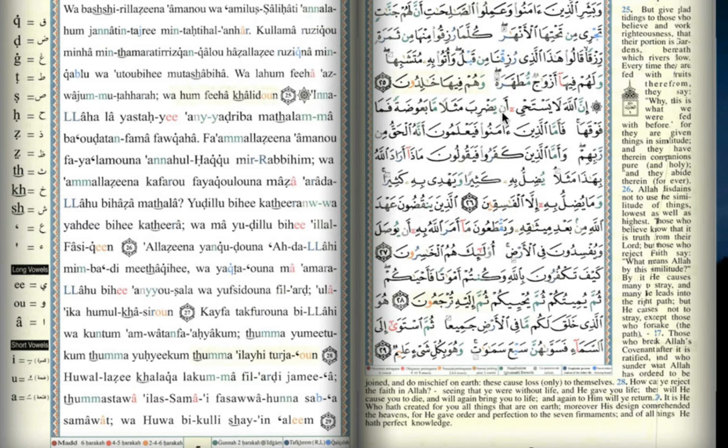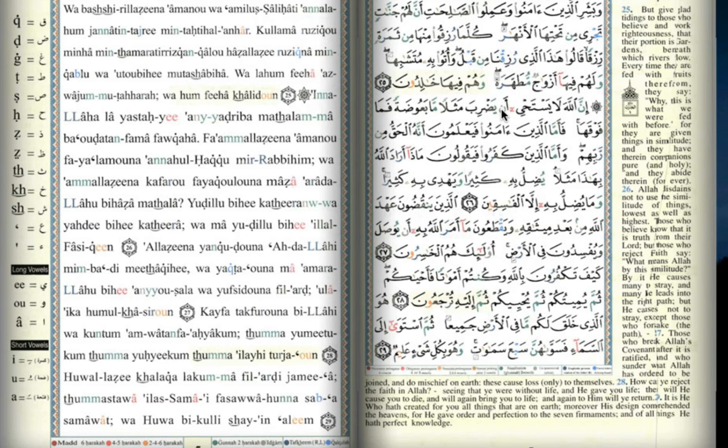We're talking about if they're the next letter after Noon Sakinah or Tanween. So it's ya, ra, Y, R. Mim, that's your M. Lam, L, waw, the W sound, and noon, the N sound.